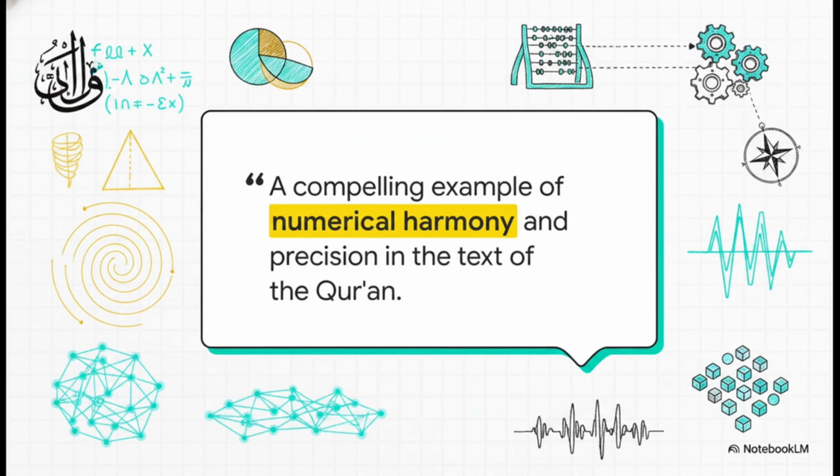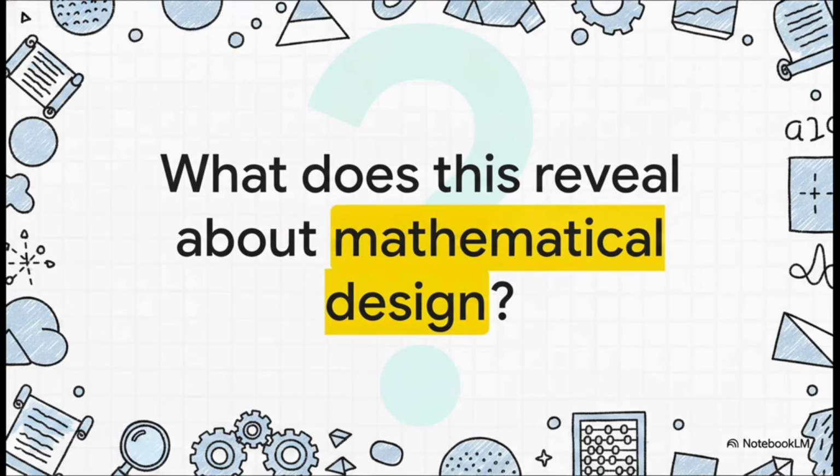So the crucial point is exactly what the report concludes. Regardless of your theological background, analyzing the physical structure of this text reveals an absolutely compelling example of numerical harmony and precision. It essentially takes the abstraction of Arabic linguistics and binds it to a universal mathematical framework. It's an extraordinary demonstration of how deeply intentional design can be layered into literally the shortest of texts. Which leaves us with a fascinating thought to take away from this explainer.